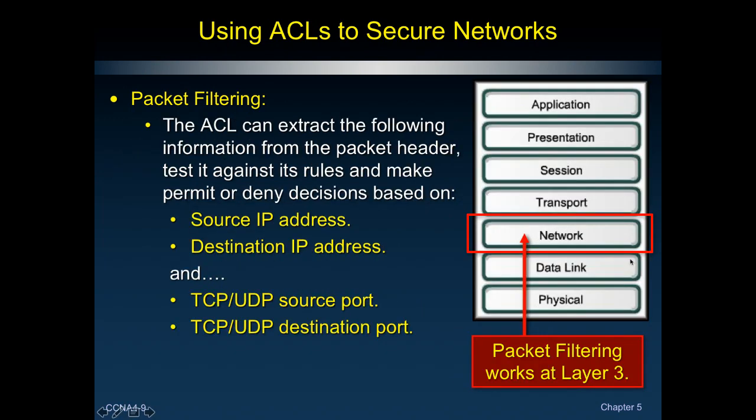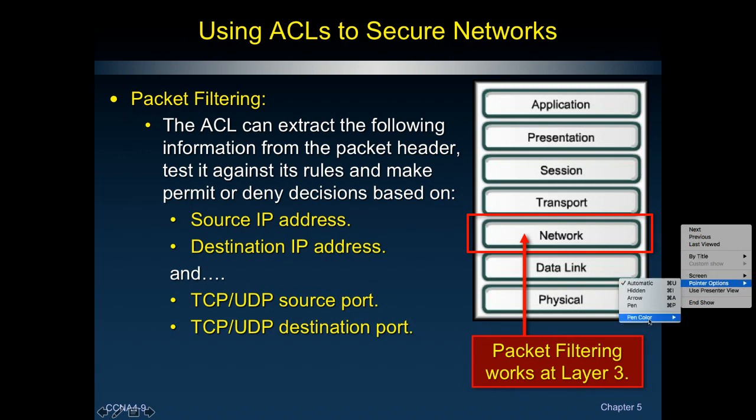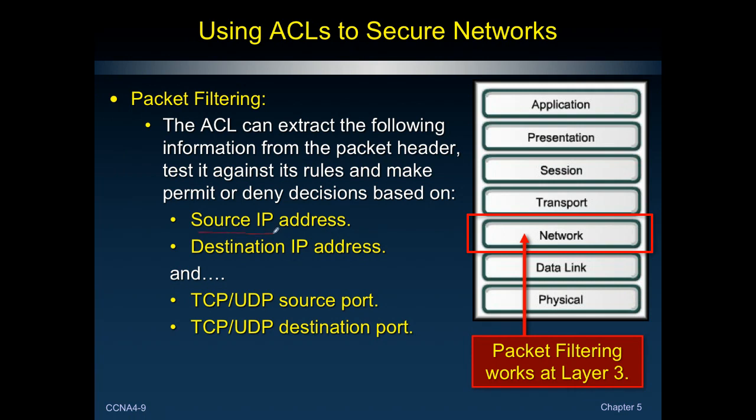So now, the ACL can extract the following information from the packet header, but packet filtering works at layer 3. Hence the permit or deny decision is based on the source and destination IP address.